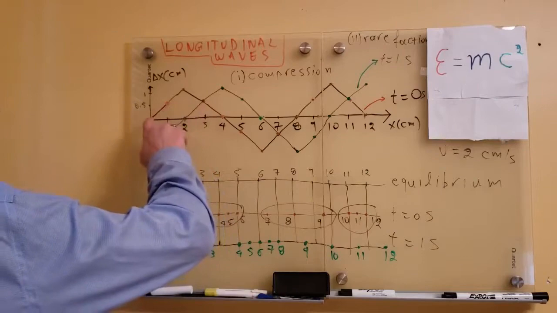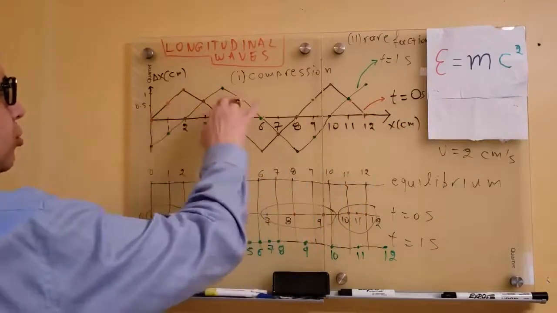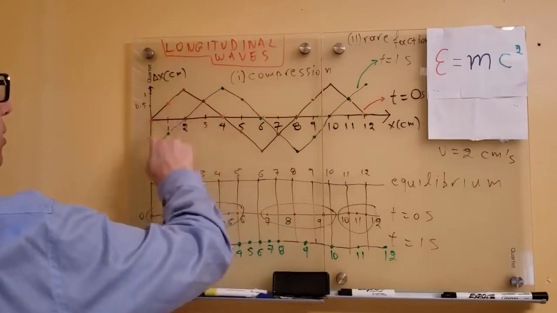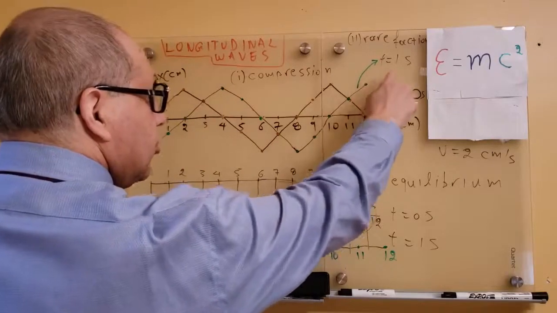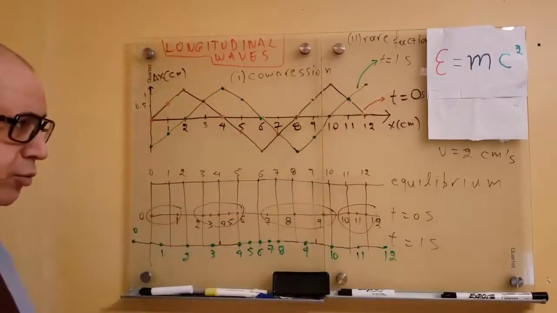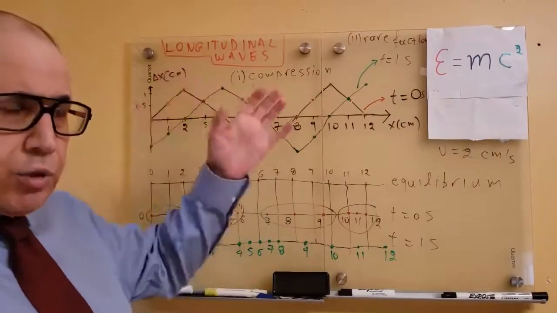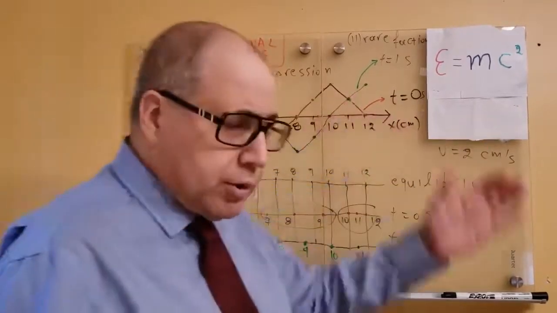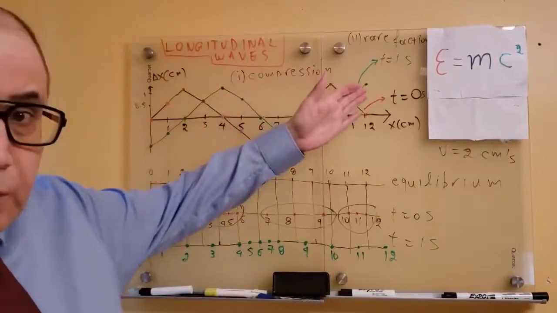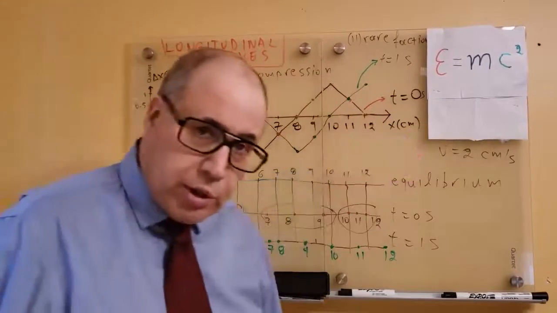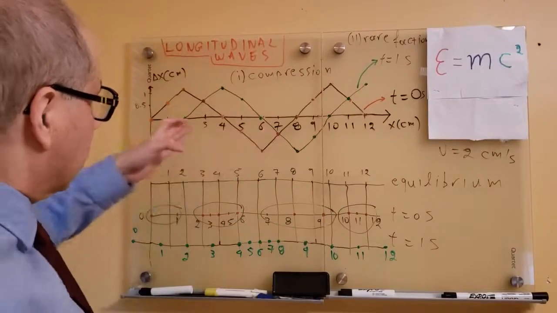We have to move the graph at t = 0 to the right, and we get this graph here. That's at t = 1, and we move it 2 centimeters because it travels at 2 centimeters per second times 1 second.